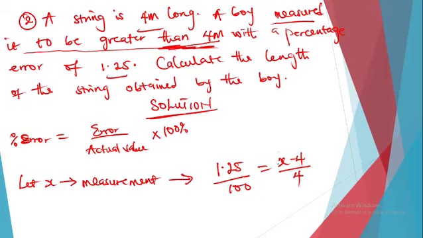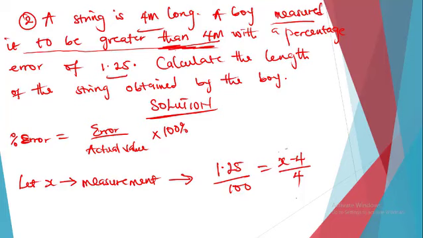That gives us the error. x is the measurement he got, minus 4, which is the actual length, will then give us the error all over the actual value. Do we understand? So 1.25, which is the percentage error, over 100.